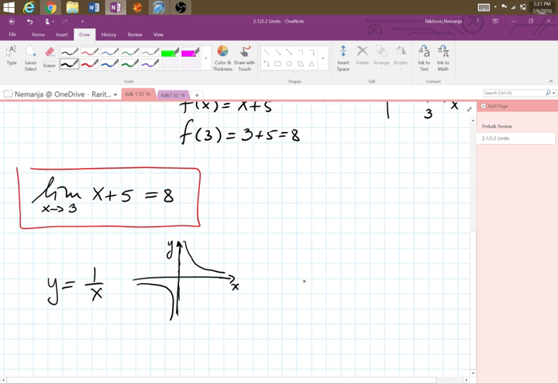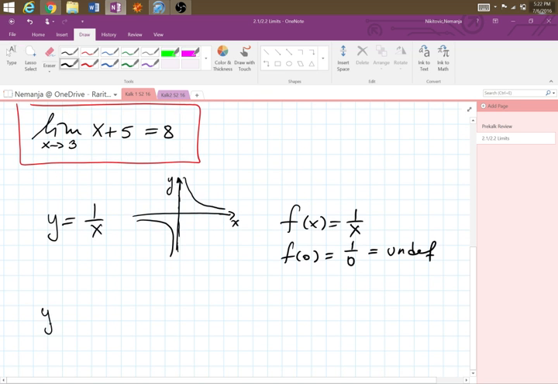And let's say that for f of x equals 1 over x, I ask you to compute f of 0. What would you have to do? You would plug it in and it would be undefined. Very good. You were not able to compute it because we are not allowed to divide by 0.